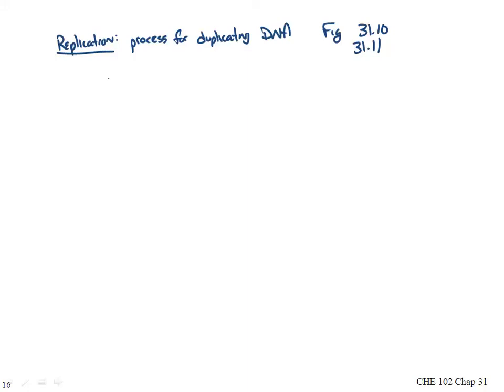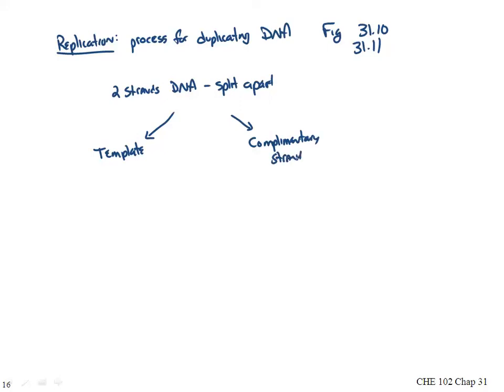Essentially what happens is we have 2 strands of DNA, and they're split apart. And those 2 strands form a template strand and what we call the complementary strand. So this is the original. This is the new strand that's being built based on that original template.